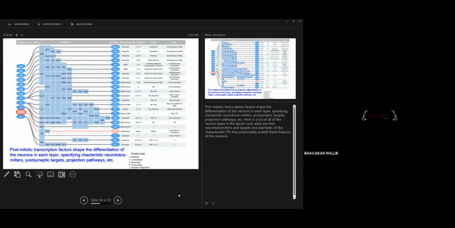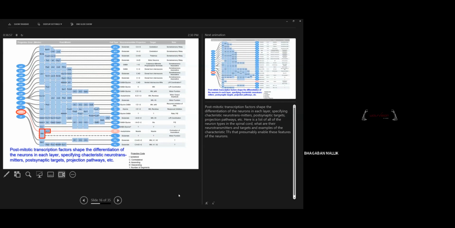Here I'm highlighting one of the progenitors, the motor neuron progenitor, which expresses transcription factors like HB9 and ISL1 when it becomes post-mitotic. So these are the cell types. It becomes a motor neuron, which uses the neurotransmitter acetylcholine, and this motor neuron mostly innervates the muscle.